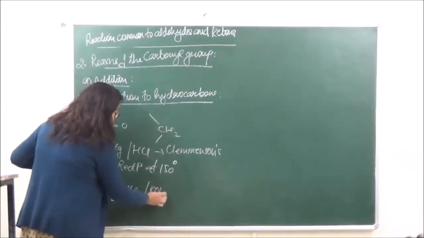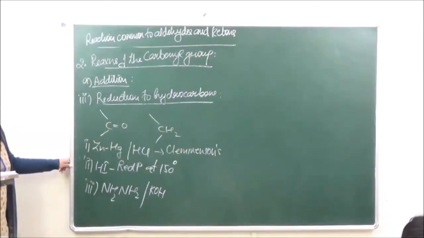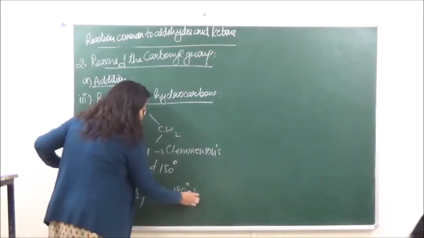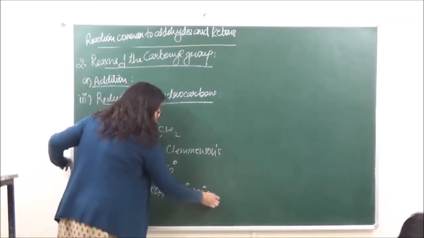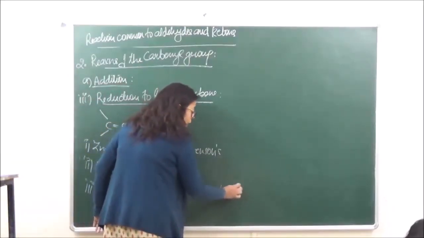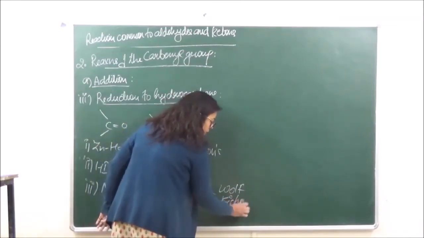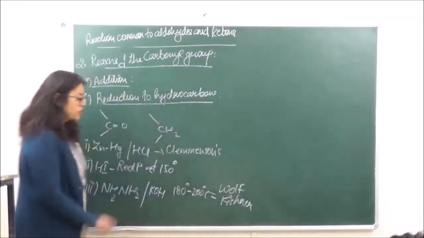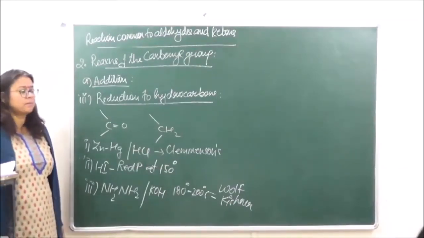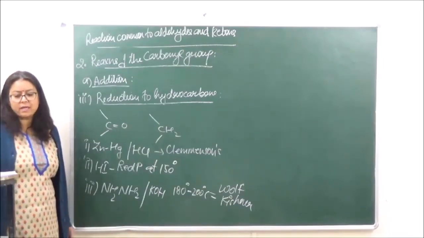So we are taking over here an alkali KOH, and the reaction takes place at 180 to 200 degrees Celsius. Again, this is an important reaction. The reaction that is known as Wolff-Kishner reaction. In all the cases you will see that the products, they are going to be same. It's only the name is going to be different because different scientists, they had given the reaction.